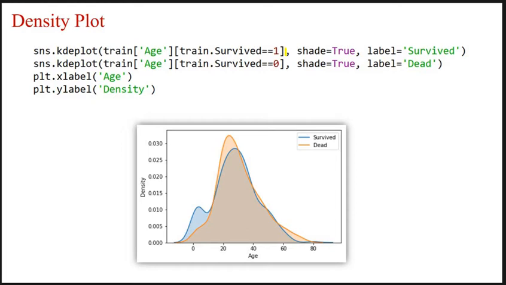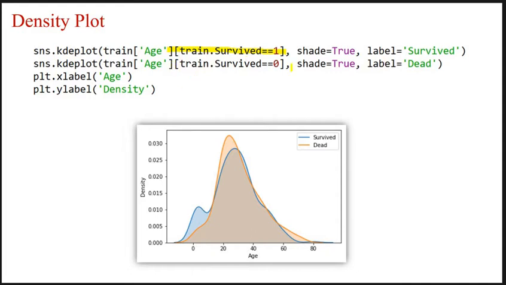So survived is obviously the variable that we're going to predict in our analysis when we build the machine learning model. So it makes sense to first use that to subset the age column.